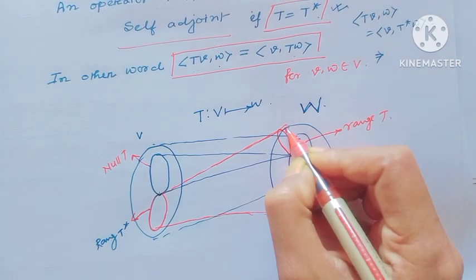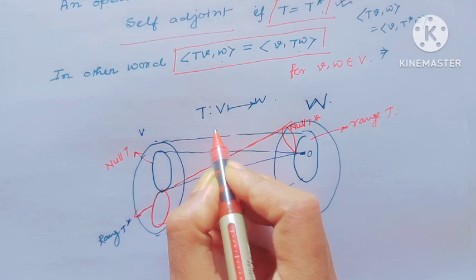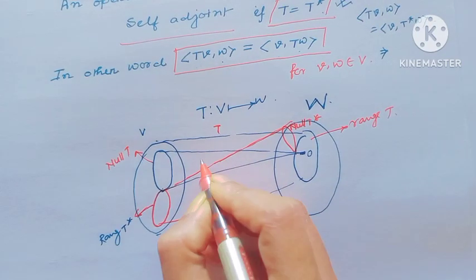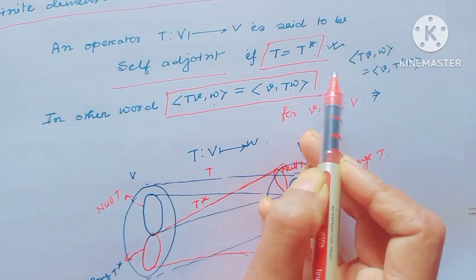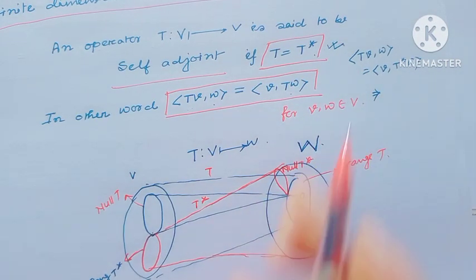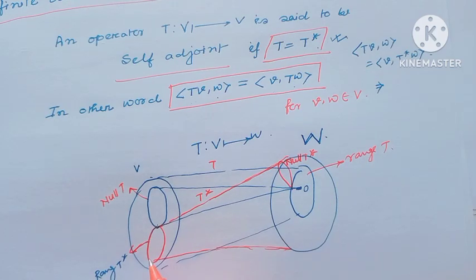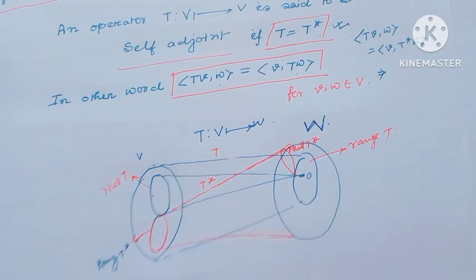This is the null T star, this is T, and this part is T star. In a self-adjoint operator, since T and T star are equal, the range of T and the range of T star are the same, and the null space of T and the null space of T star are the same.